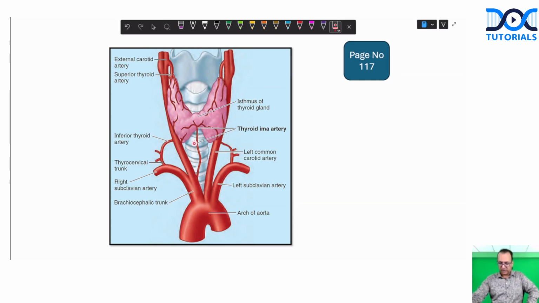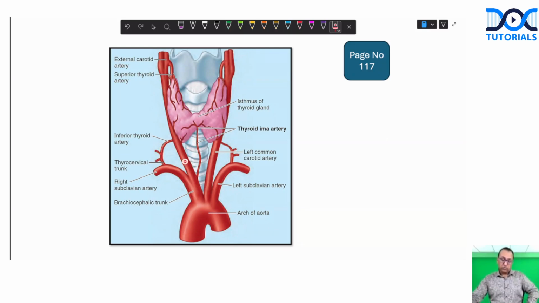It supplies the trachea, the esophagus behind the trachea, and the thymus. It also supplies the recurrent laryngeal nerve. So the inferior thyroid artery supplies the thyroid gland, parathyroid gland, recurrent laryngeal nerve, the trachea, the esophagus, the thymus.